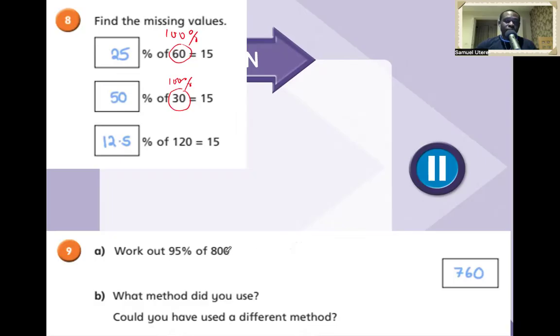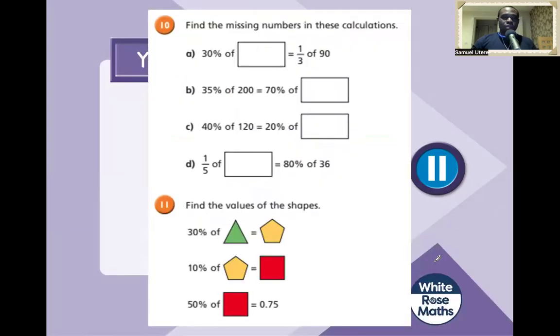And then since you know 5%, to get 95% is to take 5% from 100. So that will be 800 minus 40, which is 760. All right, pause the video and answer questions 10 and 11 in 4 minutes.